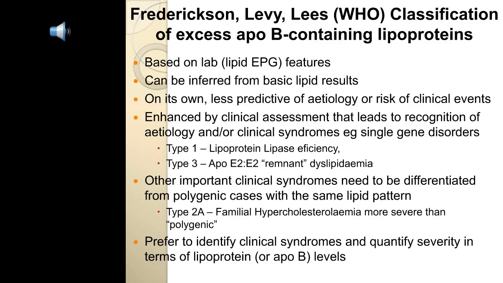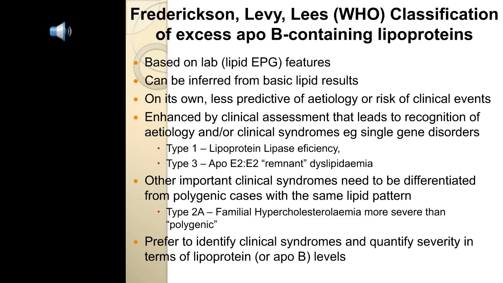So there's been more of an emphasis on trying to add clinical information which would lead to the recognition of the etiology of that particular dyslipidemic pattern and the likelihood of it being a single gene disorder or a particular clinical syndrome. And so the presence of elevated chylomicrons alone would infer that we are dealing with a lipoprotein lipase deficiency.